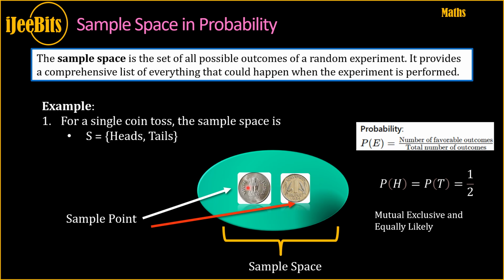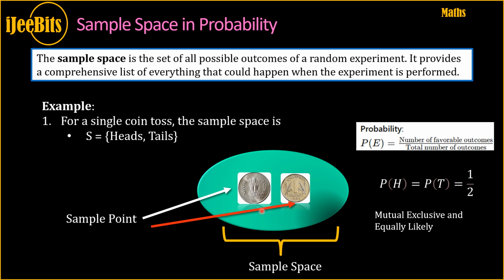Getting head and getting tail, the head and tail are known as sample points. These sample points are part of your sample space. So the sample space has two sample points in this instance.